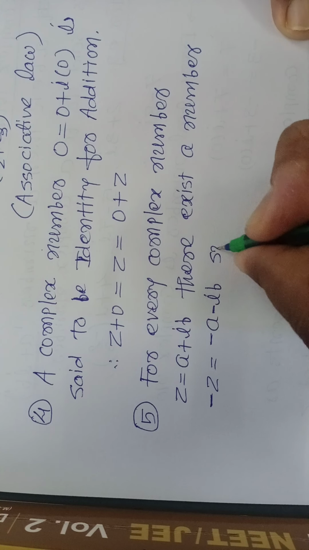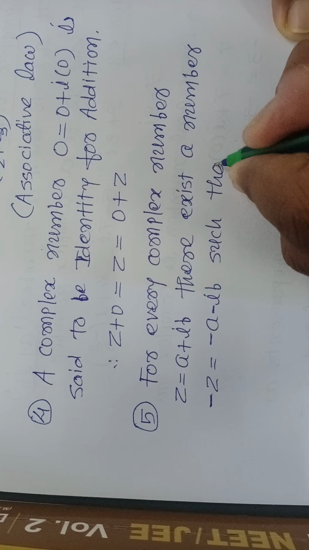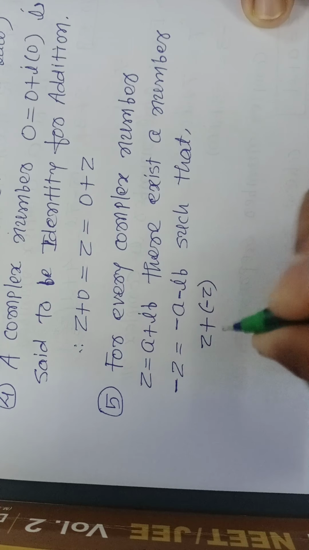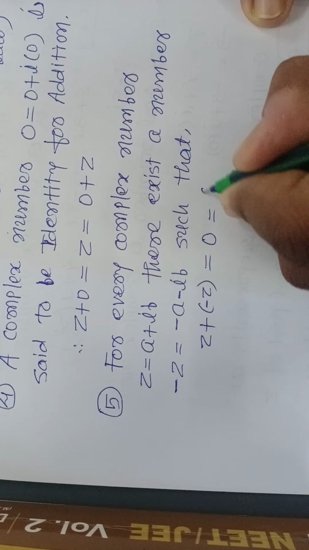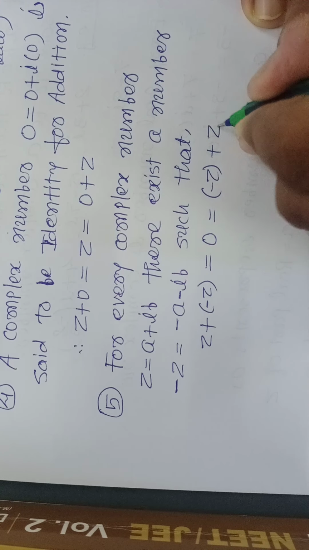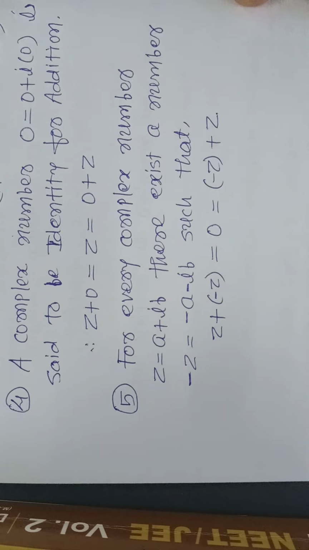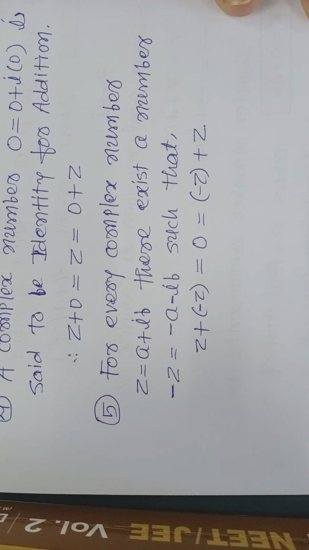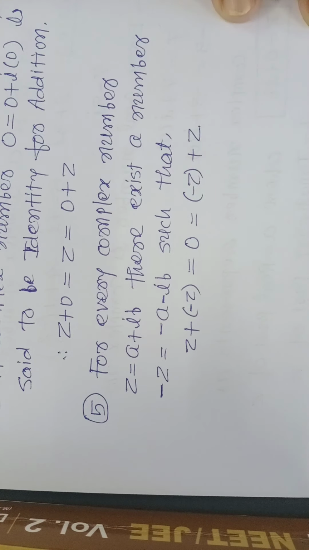Such that z plus minus z is 0 and minus z plus z is 0. You know this is also the case for real numbers: 5 minus 5 is 0. So the same kind of thing is there. z plus minus z is 0.